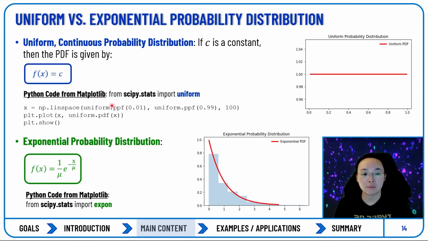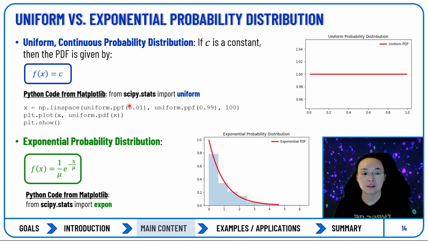PPF here represents the percent point function. It's very useful if you want to plot something from the beginning of the probability distribution to the end. It's essentially like a percentile, and the PPF is defined as the inverse of the CDF.